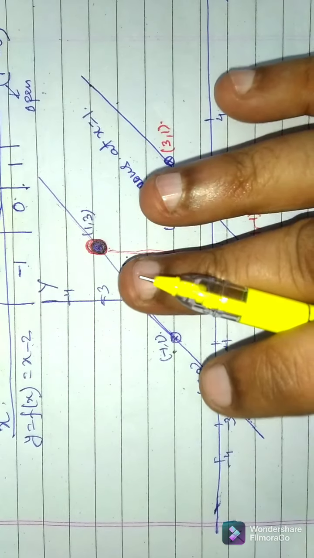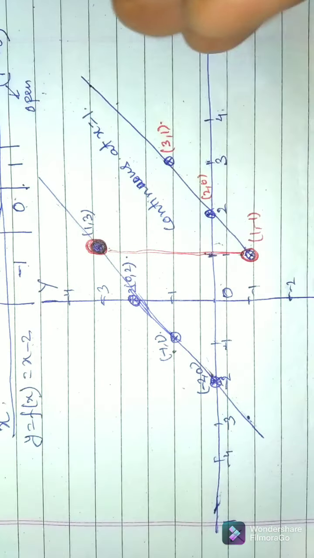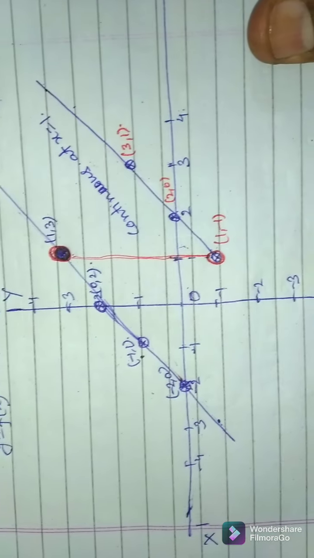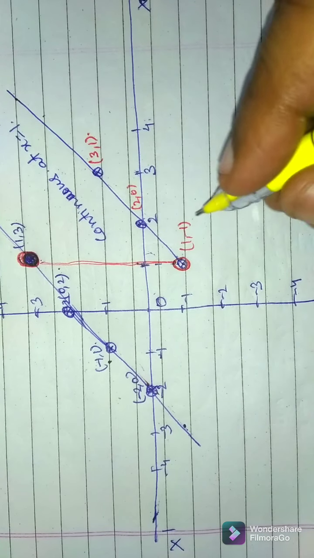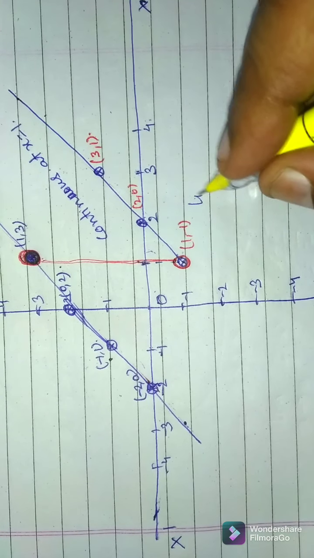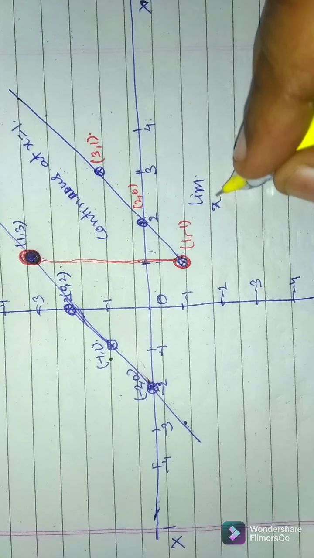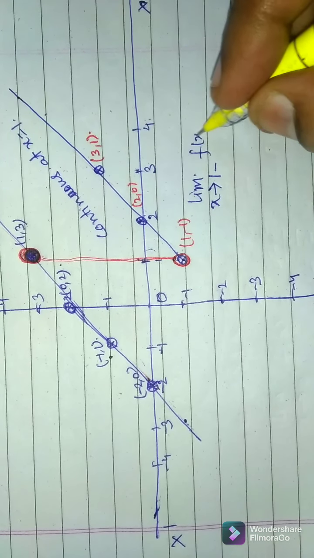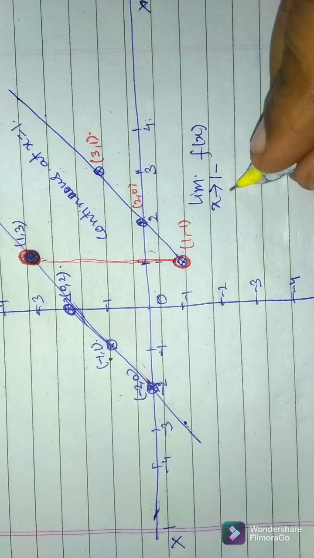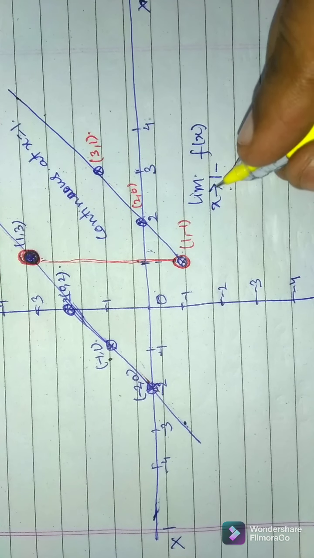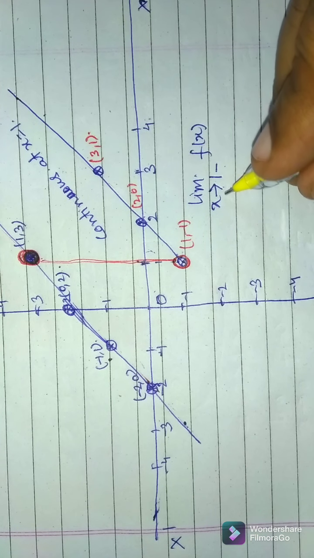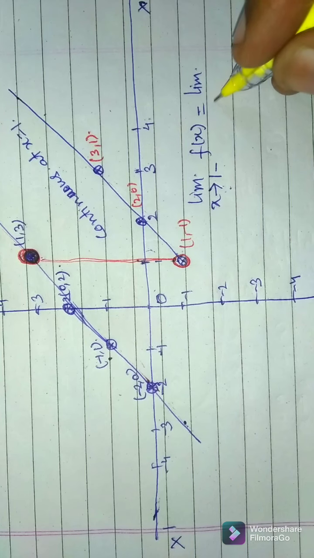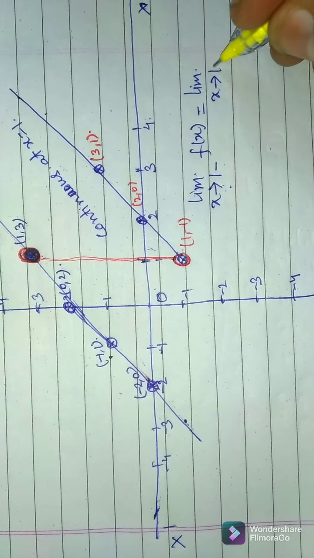So to draw the graph we can check, but from the mathematics we can also check by the conditions. So from the condition I am just checking the limit when x tends to 1 minus of f x. 1 minus means left hand limit, means each value of x is slightly less than 1.